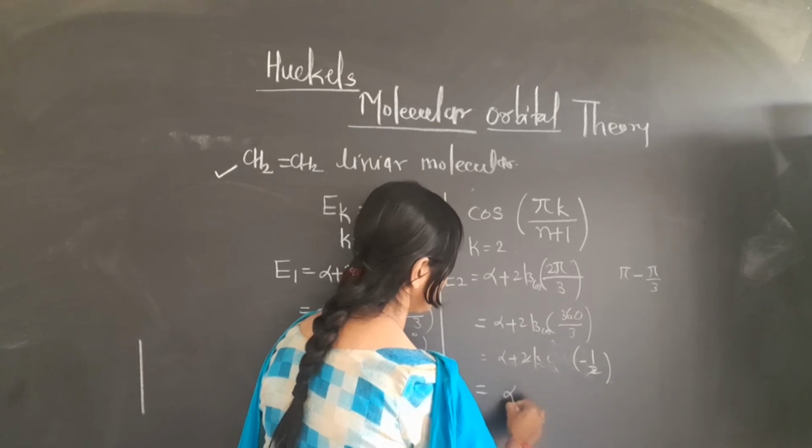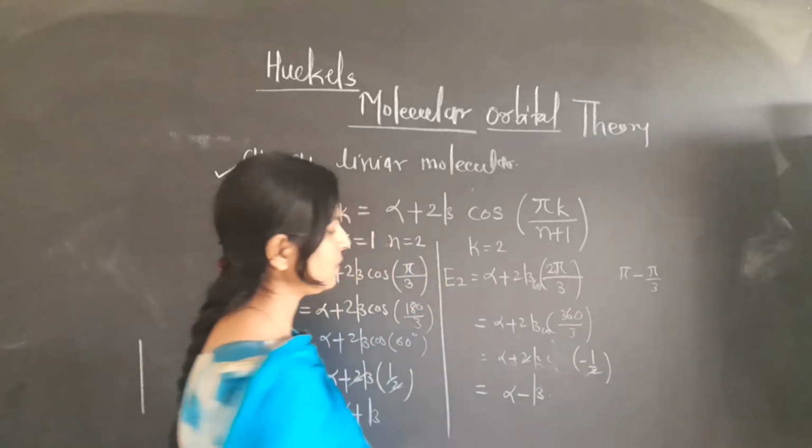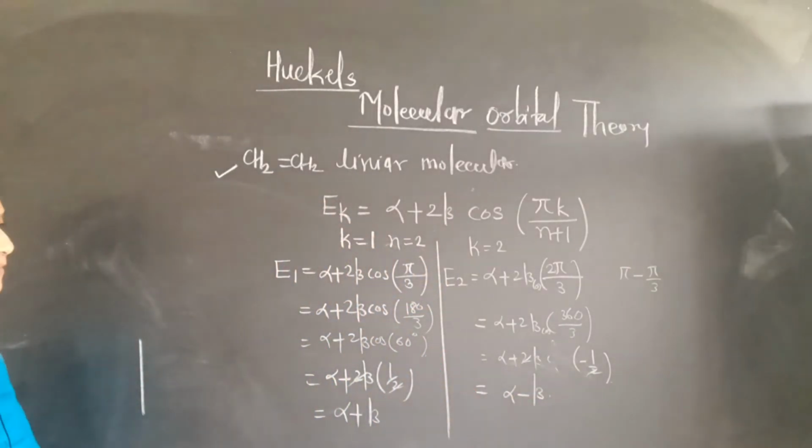You will get alpha minus beta. So friends, these are the two energy levels.